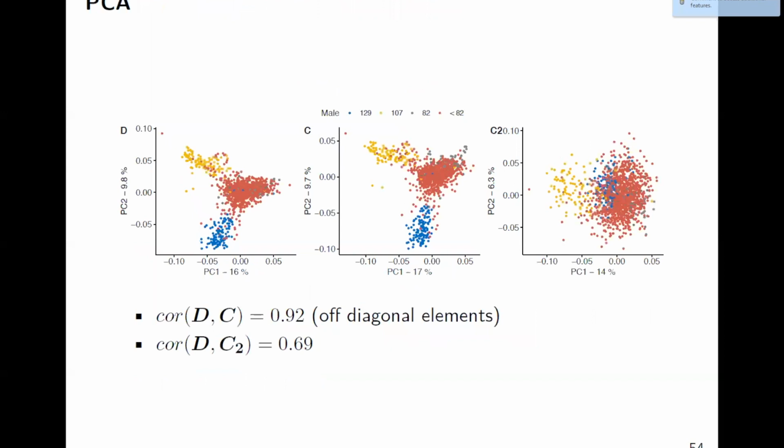So using those matrices, D, C, and C2, I did a PCA analysis of the data set, showing here the same stage 3 clones that I used. We see that using discrete coding and continuous, with the same markers, I get a very similar result.